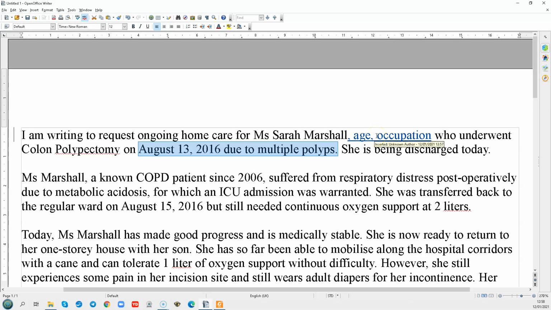So she's probably retired, so you might not need the occupation. Who is being discharged today following a colon polypectomy. Okay, so you could do it in a single sentence. I'm writing to request ongoing home care for Miss Sarah Marshall, who is being discharged today following an operation.